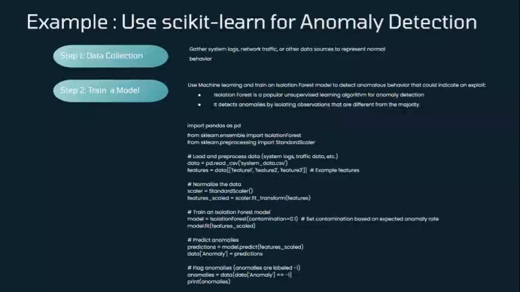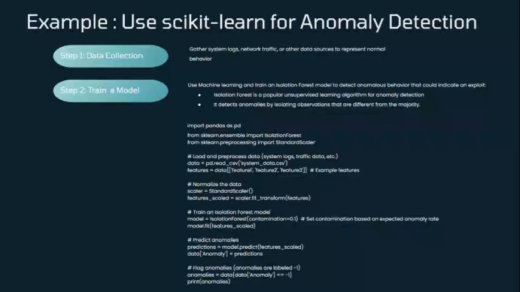After the data is collected, we extract the key features like system calls, network traffic, or any file changes to help spot anomalies. And if you see in the example, we also train a machine learning model to understand the patterns of normal behavior and flag anything that seems off.